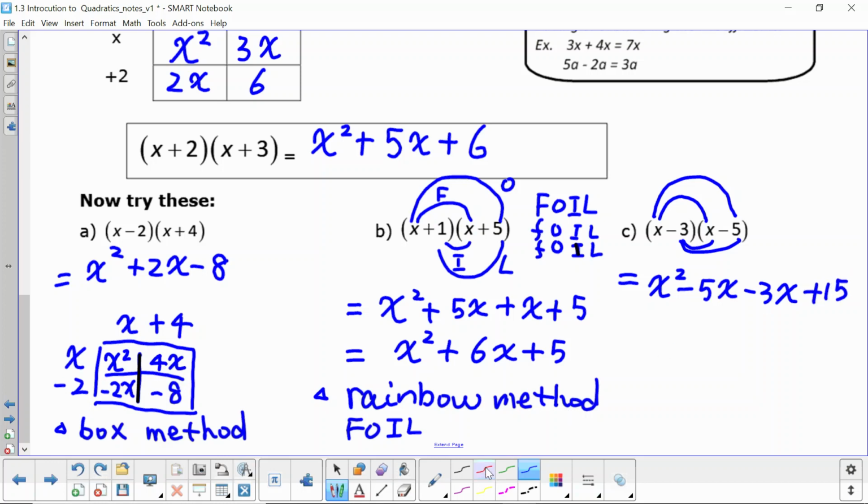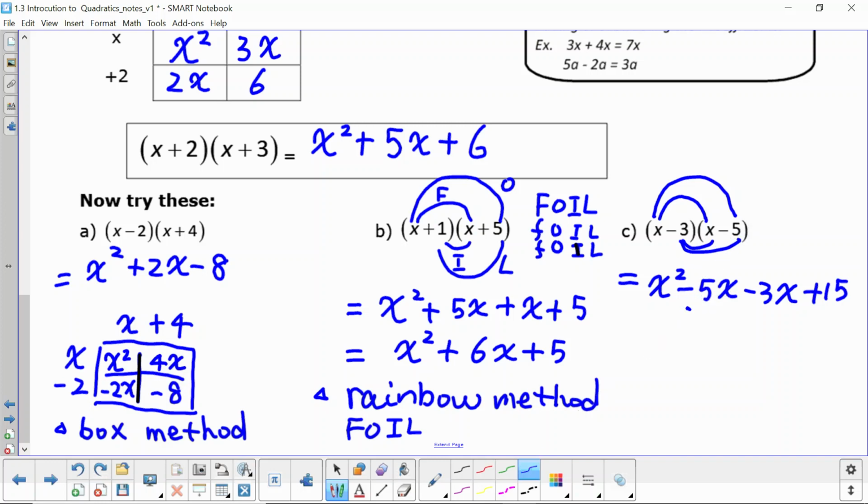And for this method, you could also remember it as the first term times each term in the second bracket, then the second term times each term in the second bracket. So you could use FOIL, or you just use the first term times each term in the second bracket, then the second term times each term in the second bracket.